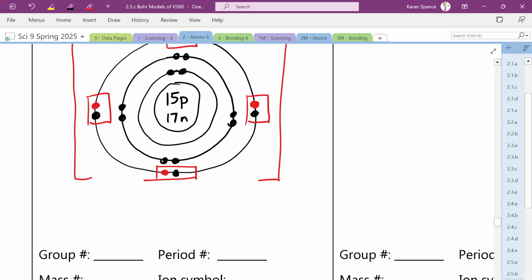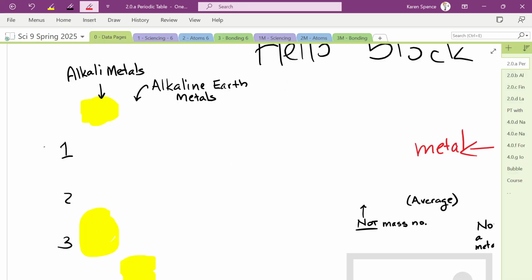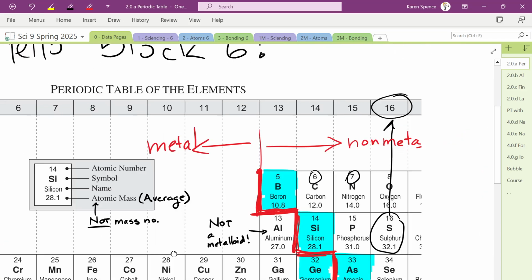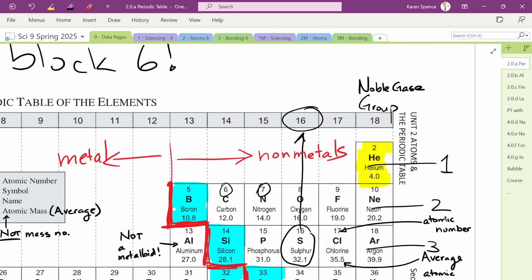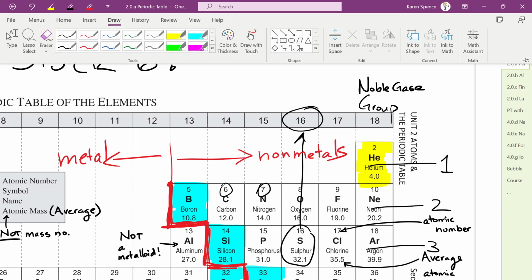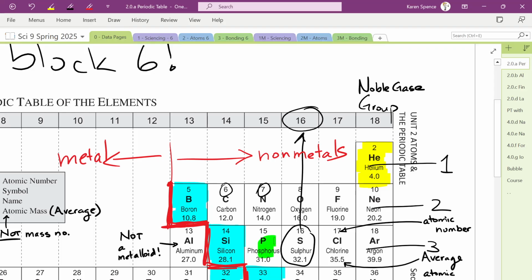And now we can say, what group number is phosphorus in? It is in group number, let's see, here is phosphorus. Phosphorus is in group number 15, and it is in period number 3.